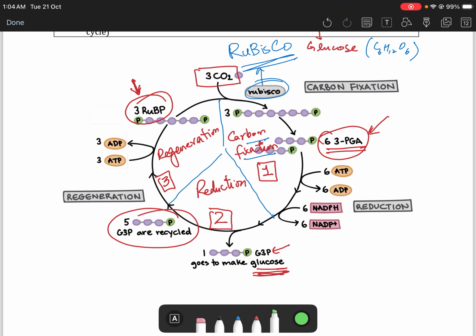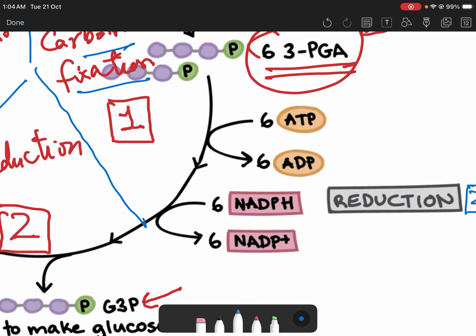So we have the steps written outside: carbon fixation is number 1, number 2 is reduction, and number 3 is regeneration. So you should know who is reduced and who is regenerated. And one more thing over here, you can see ATP going in, and ADP coming out. And same over here, NADPH goes in, and what is released is NADP plus.